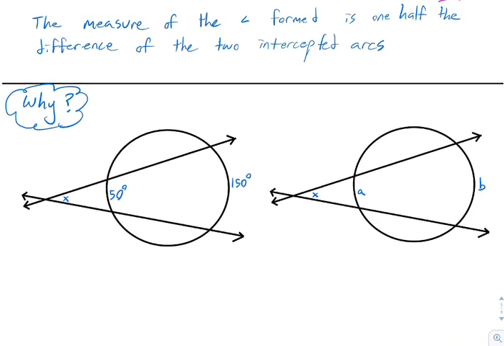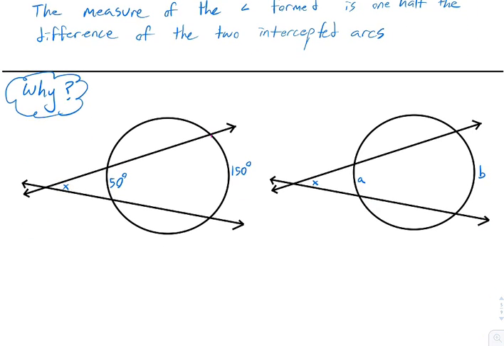Why is that? Again, if we add a single line, this is really just using inscribed angle. This angle here is the inscribed angle of this 150, so it's 75, just half of 150. This angle here is the inscribed angle of this 50 degrees, so this is 25.